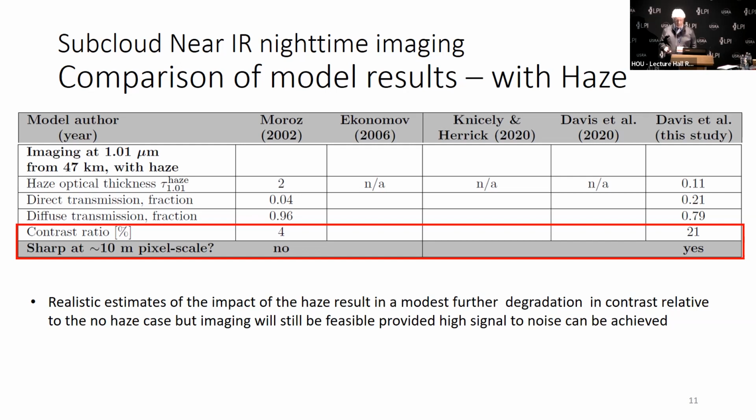So in this case, what we find is that there's some additional loss in performance because of the haze degradation, but it's minor. And so at 21% contrast, we still think that we can successfully image the surface. Although it should be understood, we have high resolution, 10 meters, a factor of 10^4 better than we can do from Magellan, but there will be a contrast loss, which you don't actually see in the orbital image.